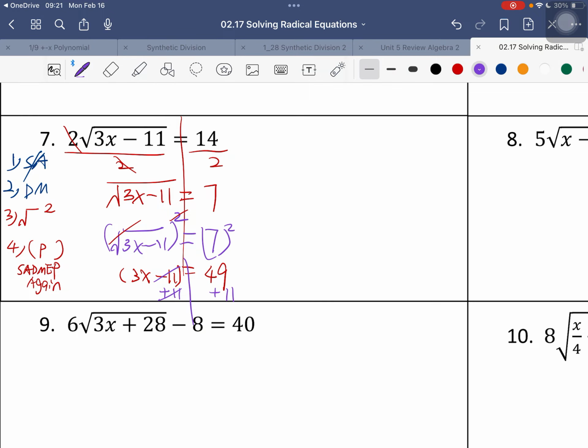Negative 11 and 11 cancel out. It leaves me 3x equals 49 plus 11, which is 60. Now I see a front number, division or multiplication again. Divide by 3 to remove the 3. Then x equals 20 is the final answer.